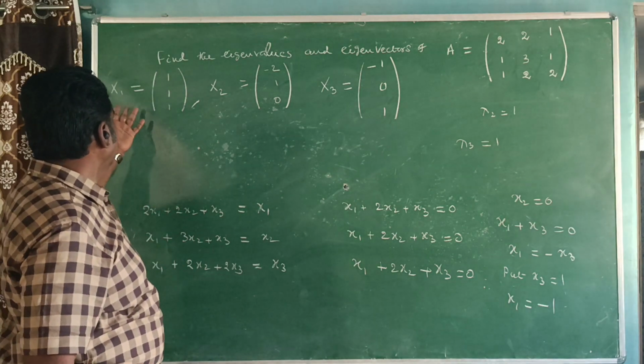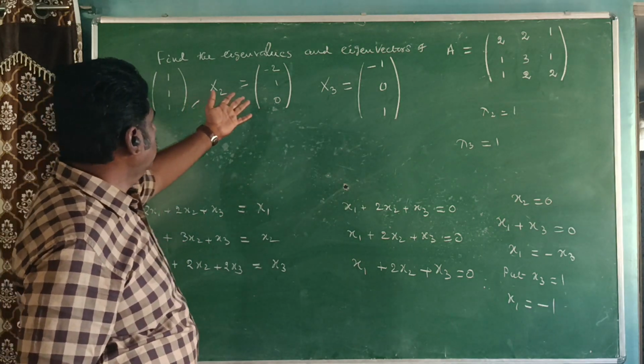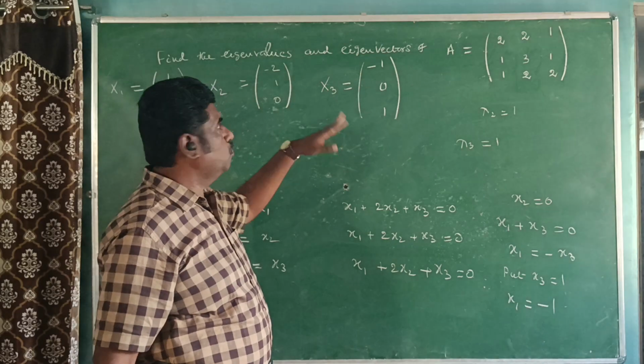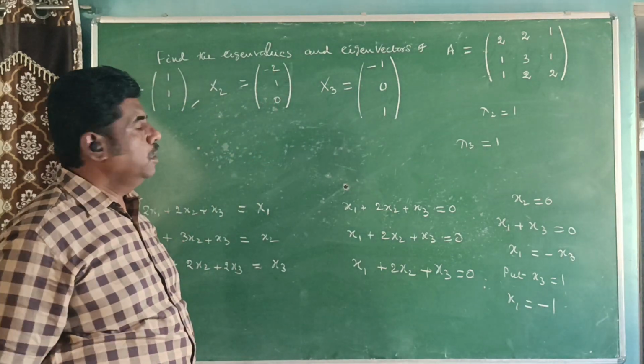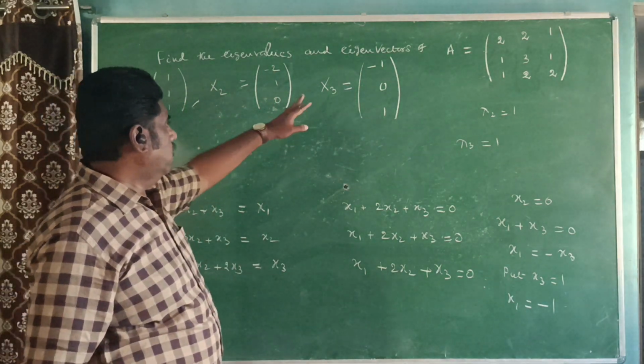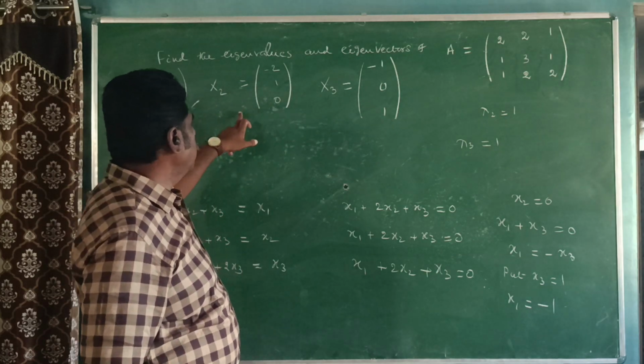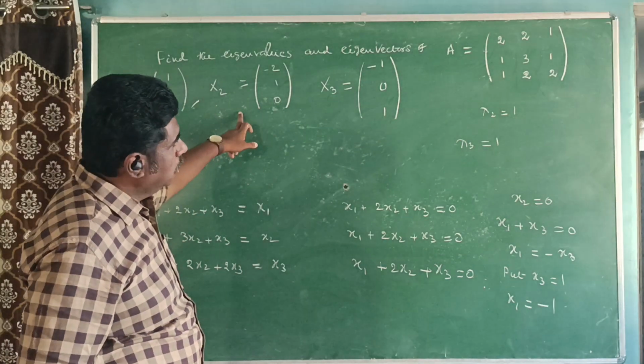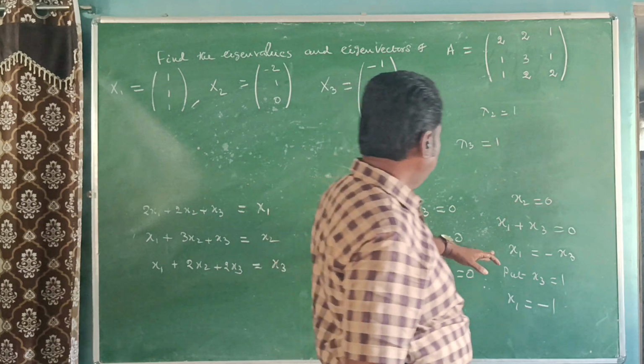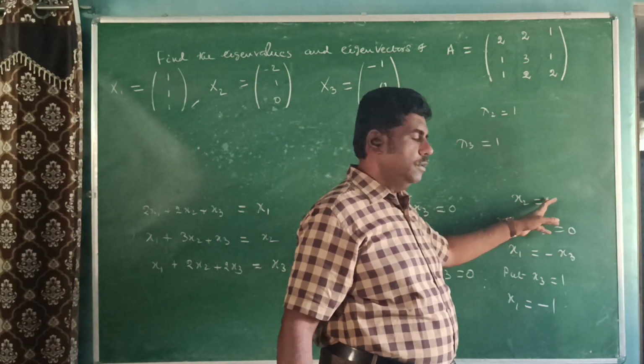Sometimes we may write x1 equal to 1, 1, 1, x2 equal to minus 2, 1, 0, x3 also minus 2, 1, 0. If you want to present the value of x3 that should be different from x2, then make our assumption that x2 equal to 0.